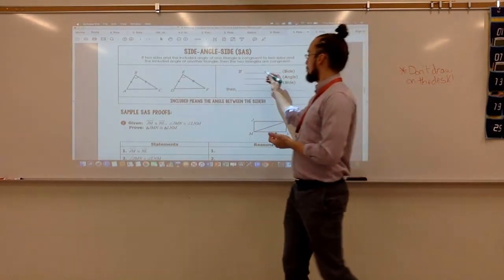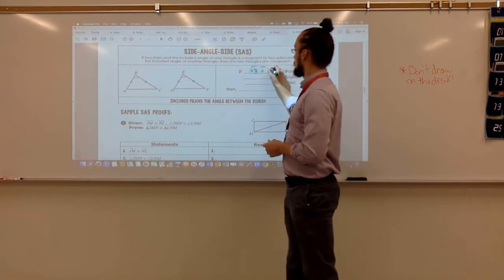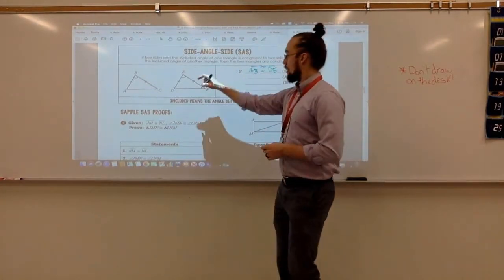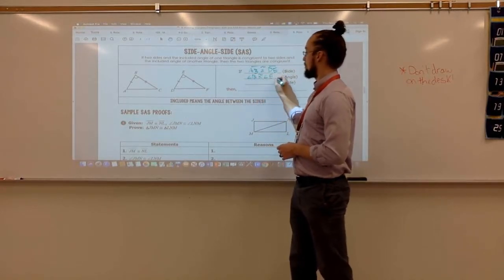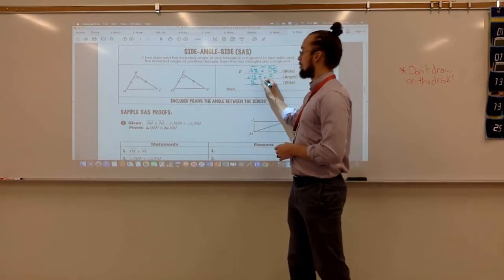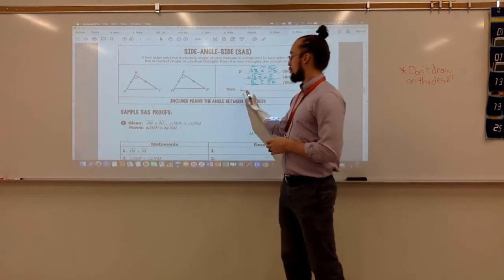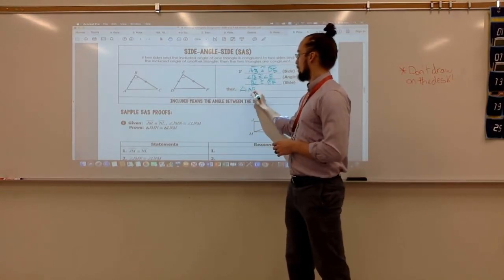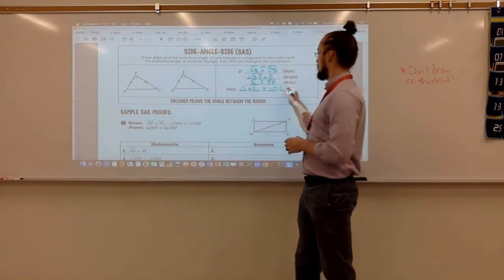So in this example, we're saying AB is congruent to DE, then angle B is congruent to angle E, and then BC is congruent to EF. Then I can claim the 2 triangles are congruent. Triangle ABC, triangle DEF.